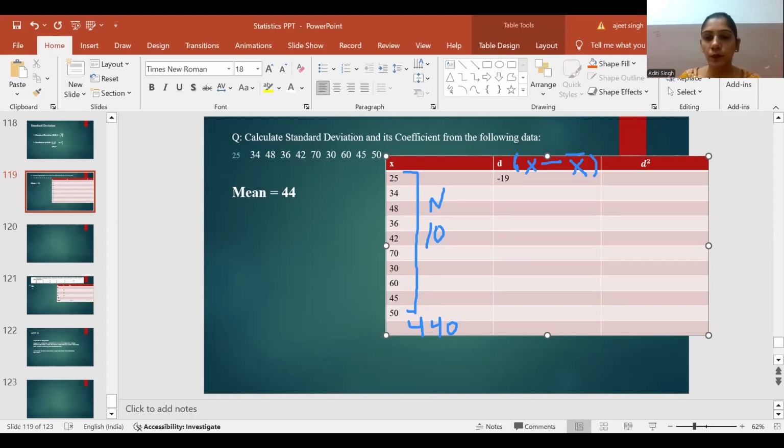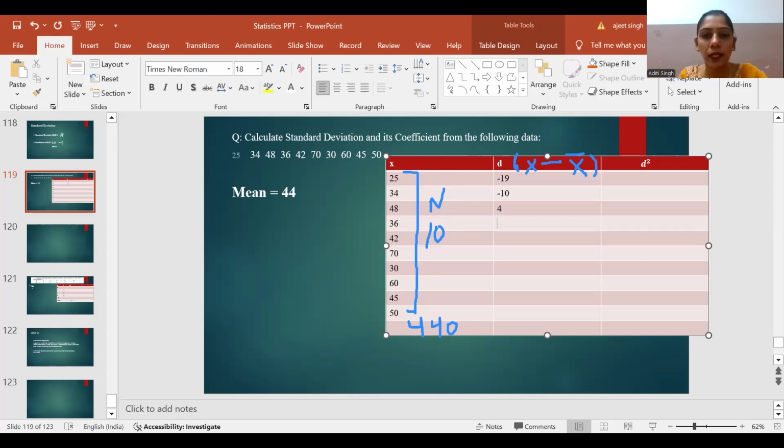So this sign of plus and minus is ignored while calculating mean deviation. Rest, we will consider all the signs while doing the calculation. This is minus 10. Now 48 minus 44, so this is 4, which is in plus.